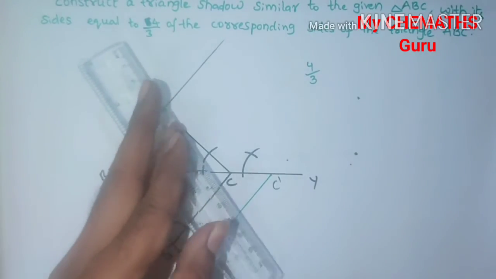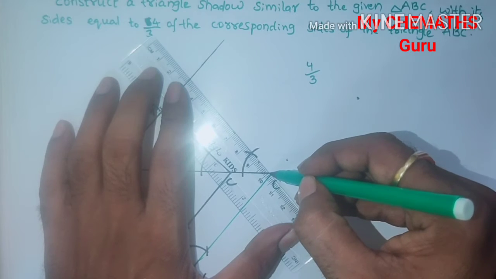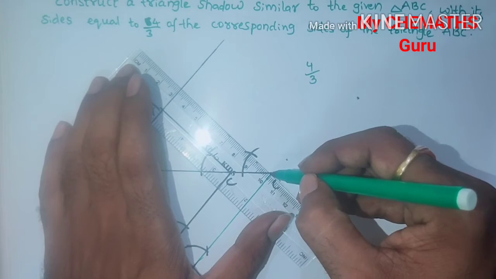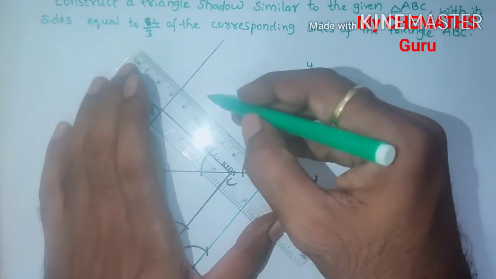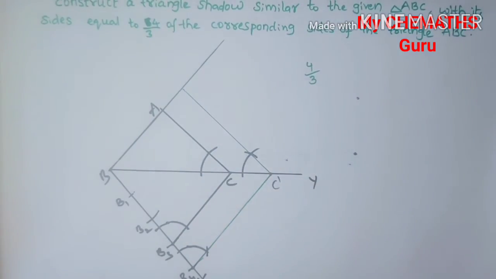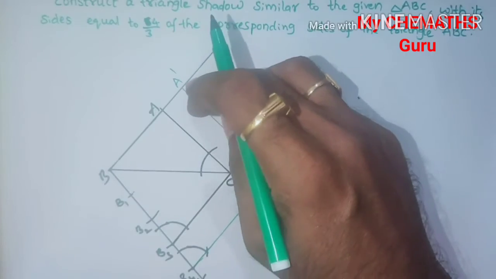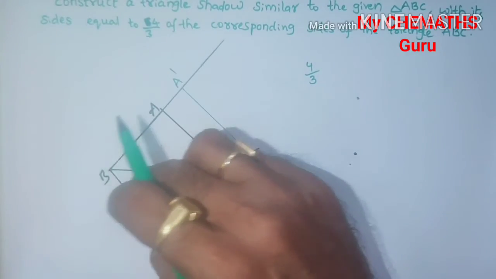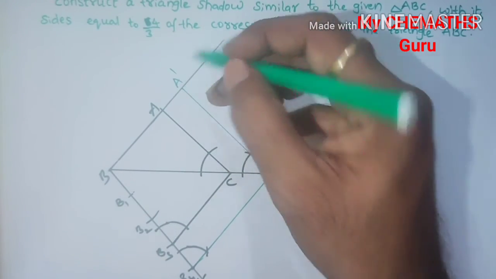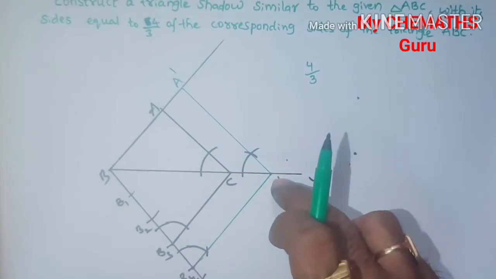Now again you have to join this intersection point and C dash, and extend. So we got another parallel line, intersecting BA at A dash. Now we got one triangle here, A dash B C dash.